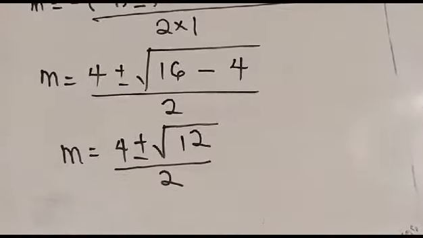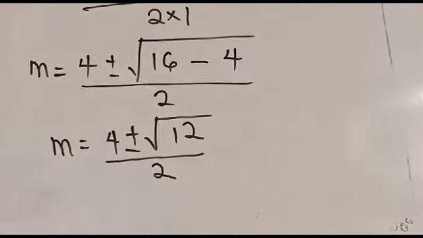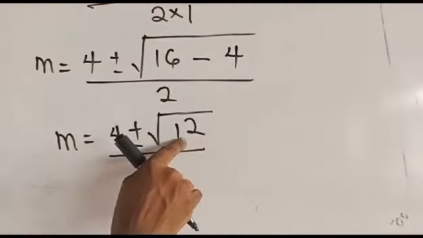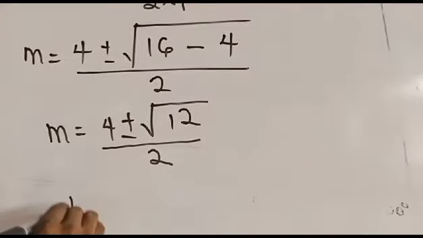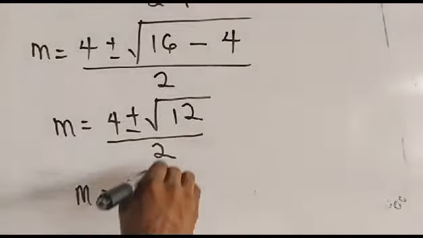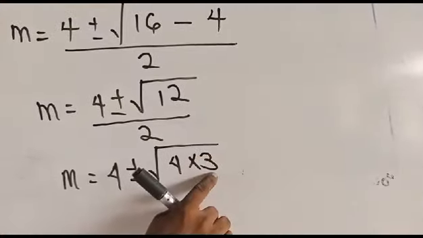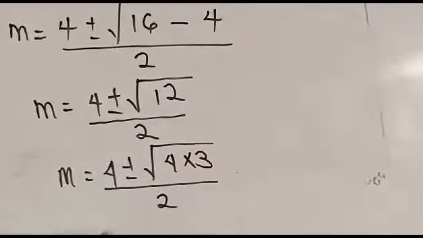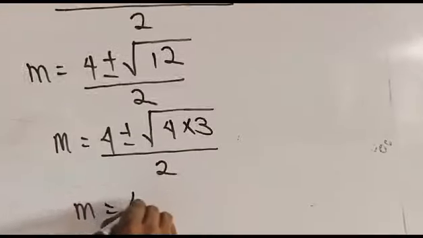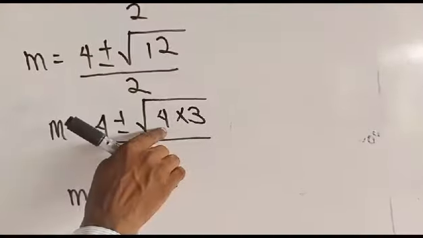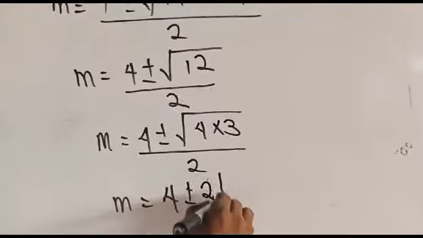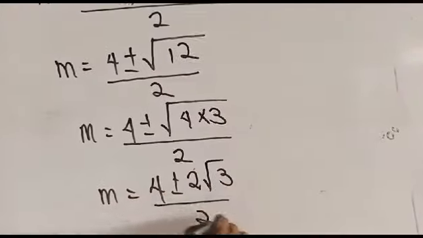12 is not a perfect square, so I will express this as a perfect and an imperfect square. My m becomes 4 plus or minus the square root of 4 times 3. 4 is a perfect square, 3 is not a perfect square, over 2. M becomes 4 plus or minus, the square root of 4 is 2, so here will give us 2 root 3 over 2.